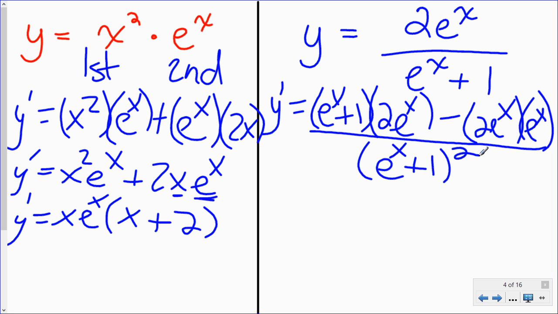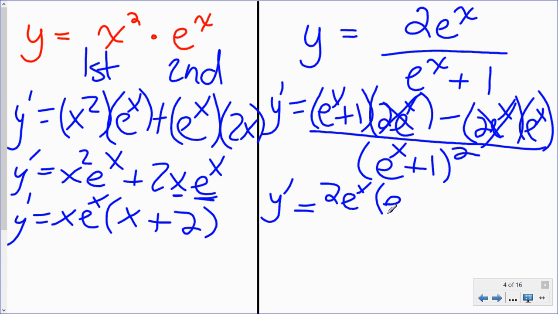Now it looks like we can do a little bit of simplifying. I'm noticing we can definitely factor out a 2e to the x from each term in the numerator. So if we factor out a 2e to the x from each term in the numerator, then those are going to go away.